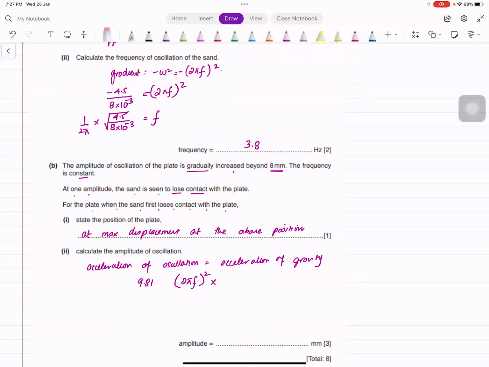You can put a negative sign if you want to. Otherwise, you just need to find the magnitude, so you can ignore that as well. And then you need to find the displacement, right? The maximum one. So we're going to do 9.81 divided by (2 pi times 3.8) whole squared. Would you help me find this, please?